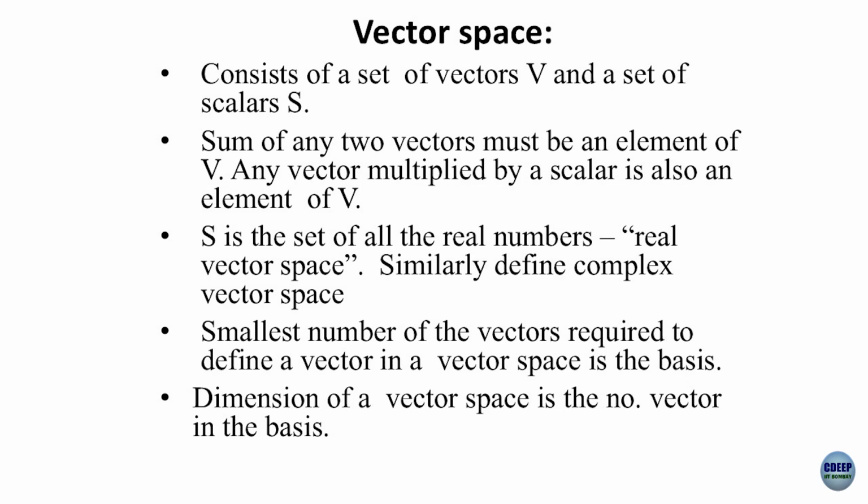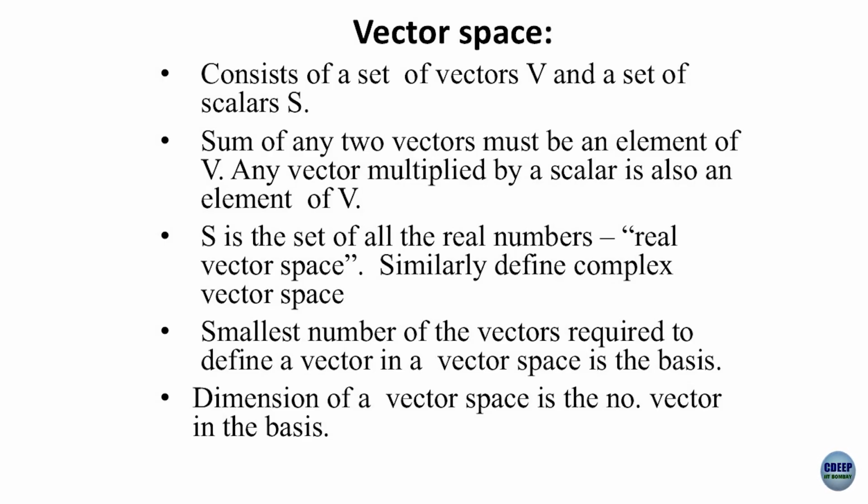So what we said is that the vector space has got vectors and a set of scalars, and the sum of any two vectors is going to be part of that vector space. Similarly, a vector that is multiplied by a scalar is also part of that vector space, and you can have real vector space, complex vector space, etc. All that is preliminary stuff.